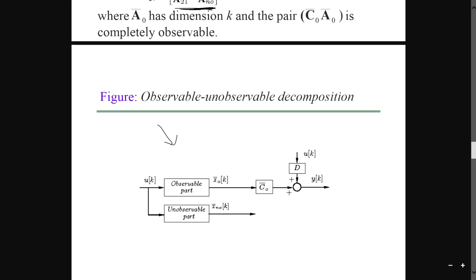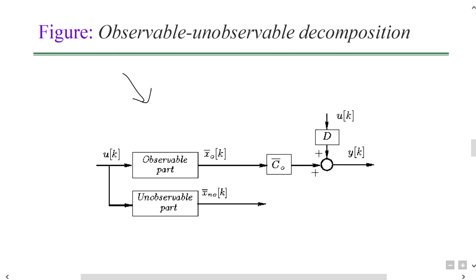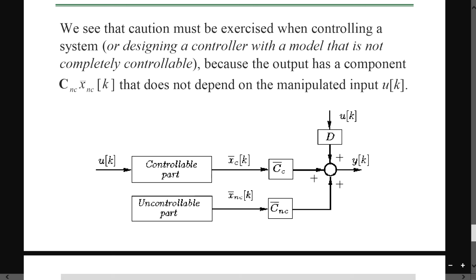And then, I just want to go back to this diagram to inform you that for the observable system, you have an input that is input into your observable and your unobservable system. However, for your controllability portion, your input is only input into the controllable part. There is no input into the uncontrollable system.